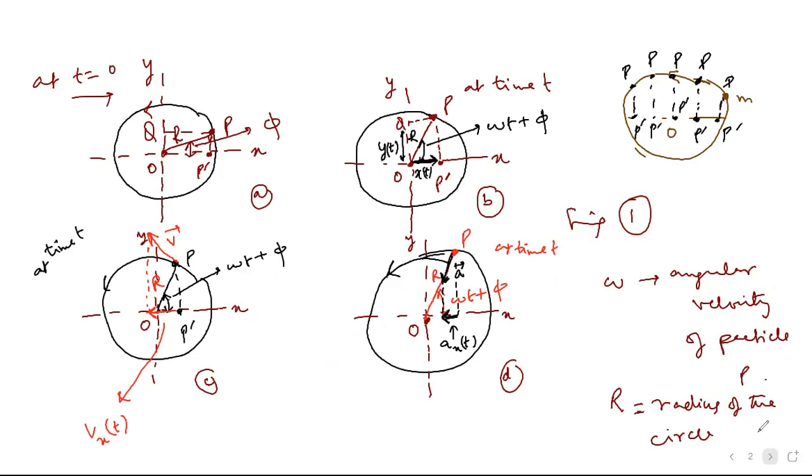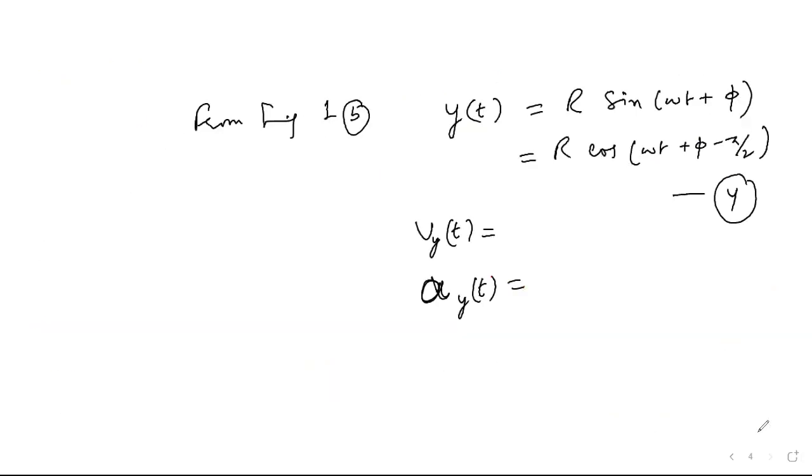Or you can differentiate this y of t with time, and you will get Vy of t. You can find the derivative of Vy of t with time to get Ay of t. So do this, find this at home. This is another home assignment.